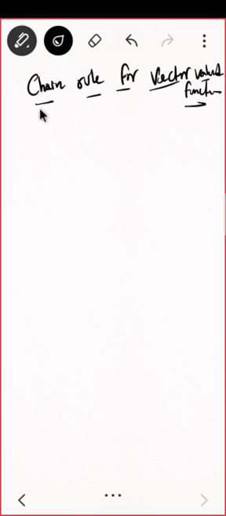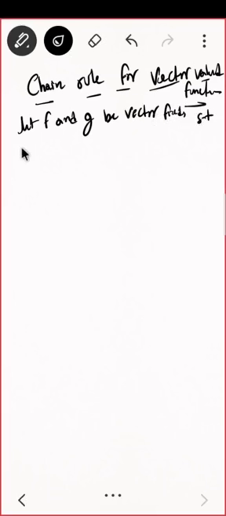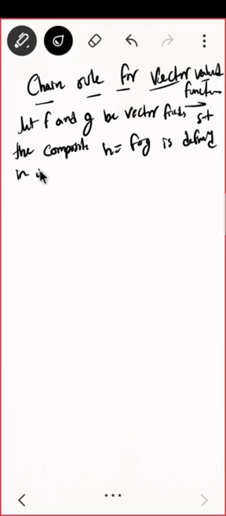Let f and g be vector fields such that the composition h equal to f composite g is defined in a neighborhood of a.